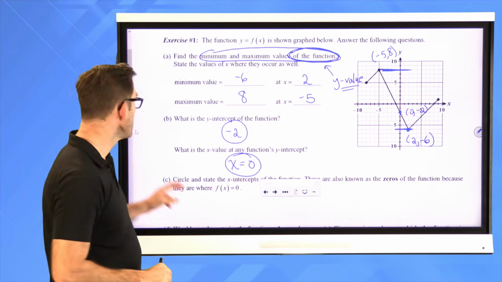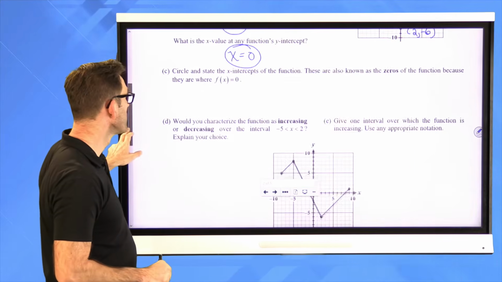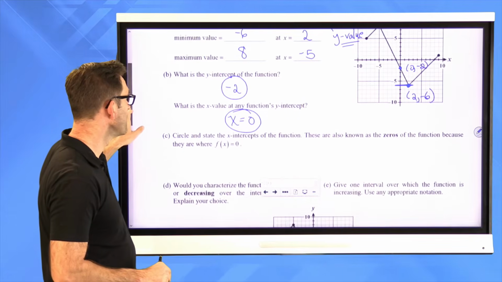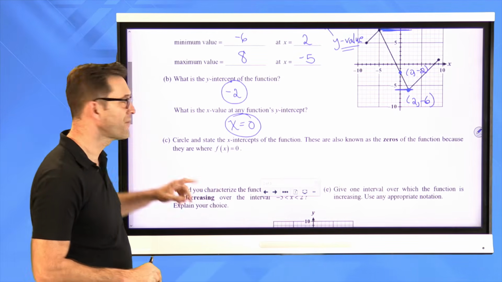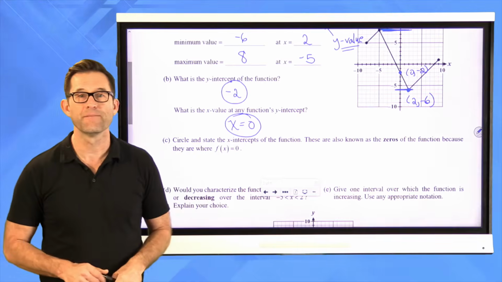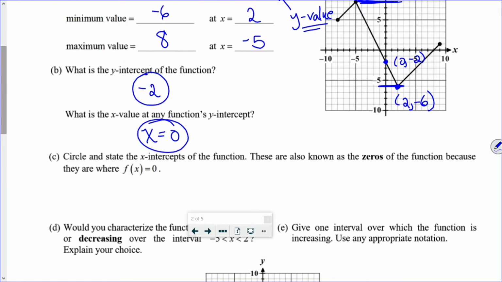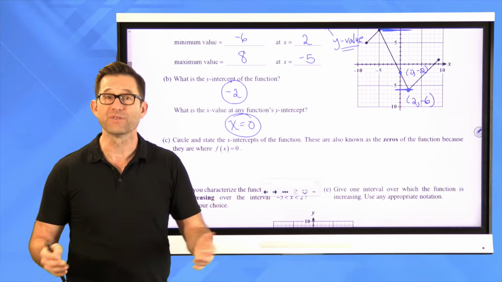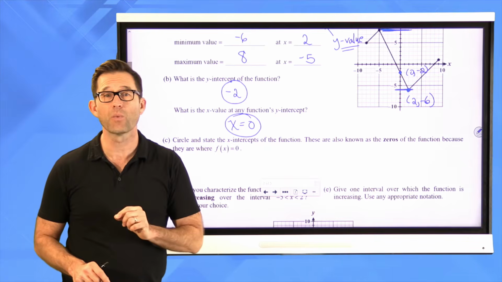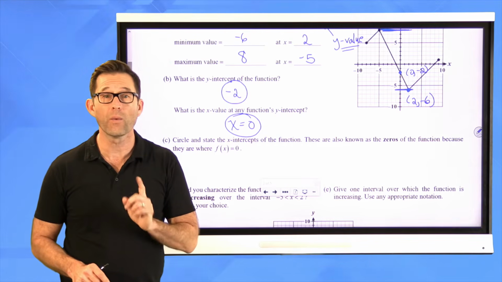Now, a related idea, and maybe I'll keep this right here so we can still see the graph. Let's take a look at letter C. Circle and state the x-intercepts of the function. These are also known as the zeros of the function because they are where f of x equals 0. You've got the y-intercept, and every function will have at most one y-intercept.